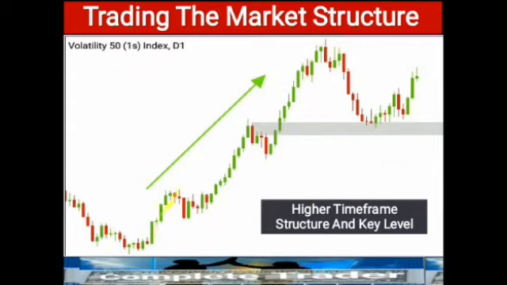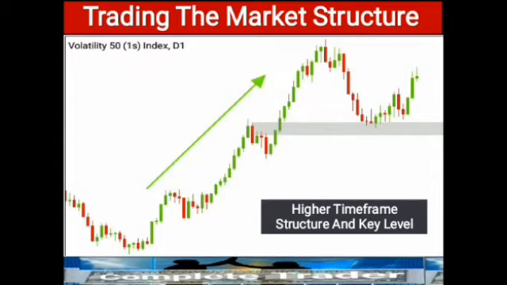So we've seen strong bullish price ranges, weak bearish price range coming down, strong bullish price range, weak bearish price range, strong bullish price range going up. So we can say safely that we are in a bullish market structure.